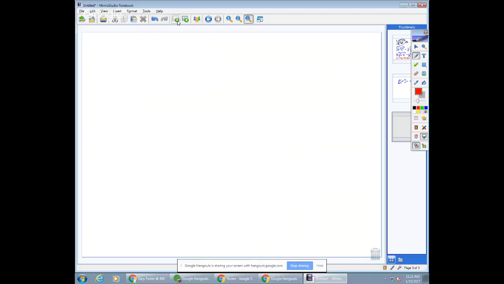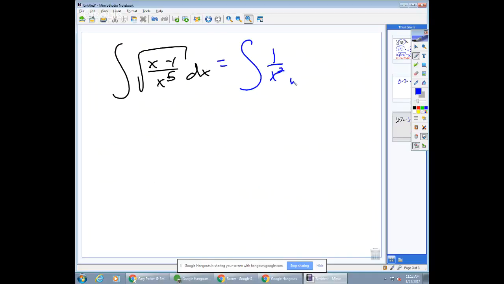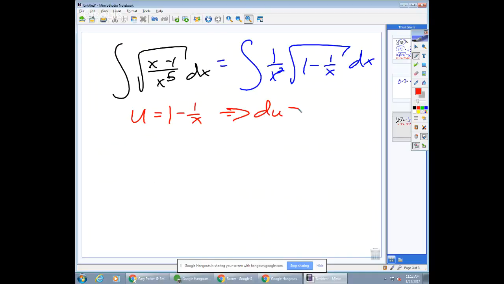So again, we started off with the integral of the square root of x minus 1 over x to the 5th dx. After a little bit of algebra, we were able to rewrite that as the integral of 1 over x squared times the square root of 1 minus 1 over x dx. Choosing u to be the new inside, we end up with a du that is exactly what is outside of the square root, dx.